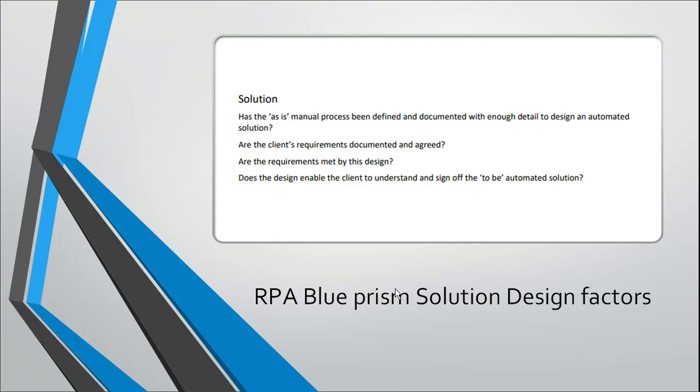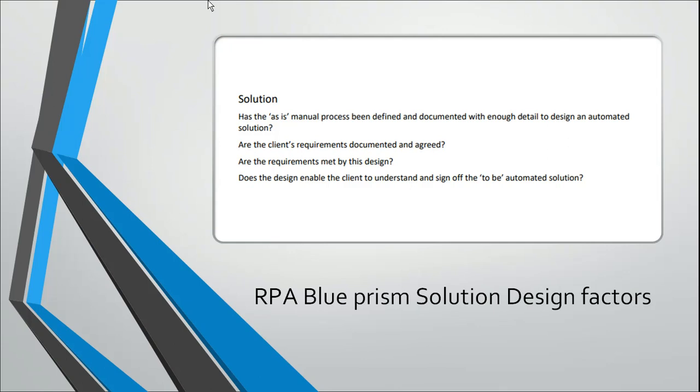When we talk about solution, as-is is the manual process. Before automating any process, the process has been defined as-is. Once we are planning to automate, that is the to-be process. Here there are factors, and based on these factors they have designed their solutions.